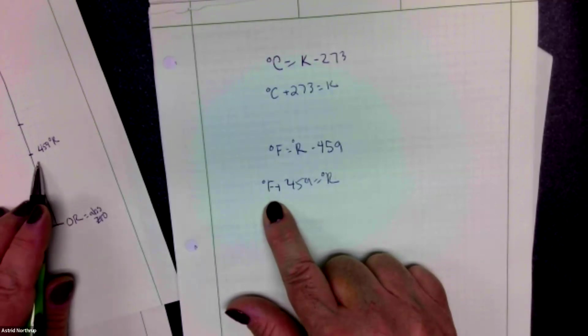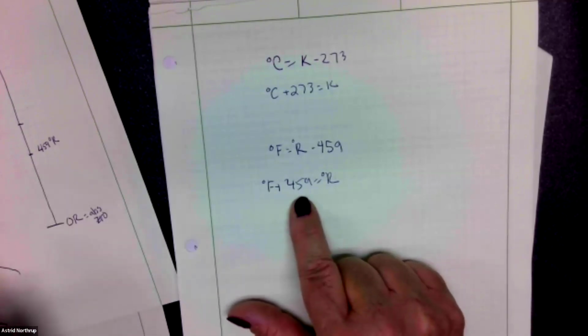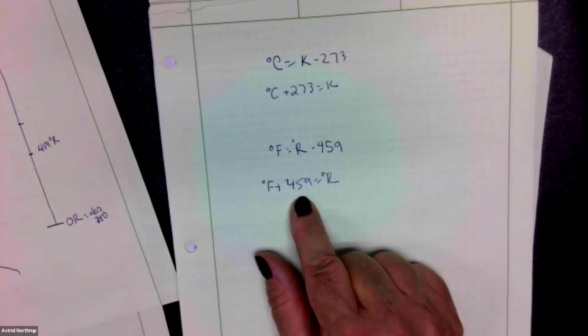Rewriting that, just adding 459 to both sides, I get degrees Fahrenheit plus 459 equals degrees Rankine. Okay, so we have many of the equations we need.